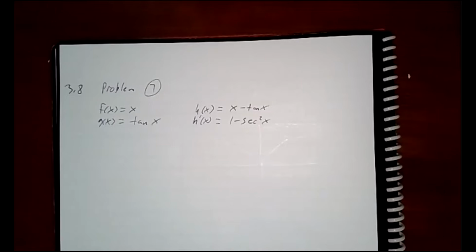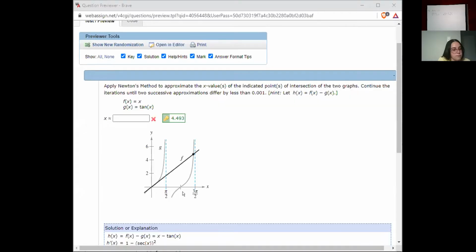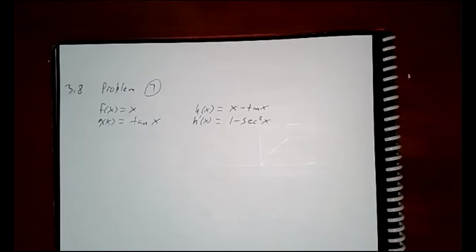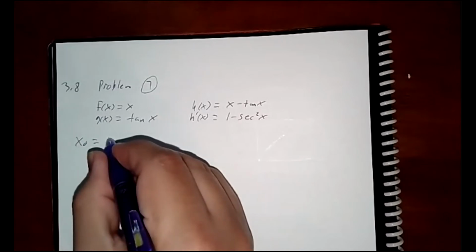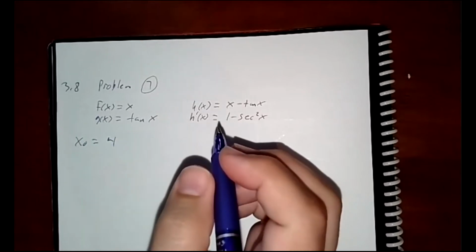If you look at it, this is pi, which is 3.14. 3 pi over 2 is basically 6.2 divided by 3. So I think 3 or maybe 4 would be fine to choose in between here. So I'm going to say x naught is 4.